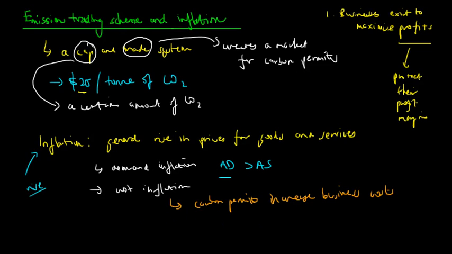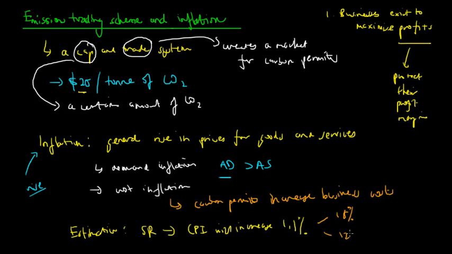As a result, the estimation by the government is that in the short run, CPI will increase 1.1%. And this is just an estimation. The causes of CPI increasing by 1% include that gas prices and electricity would increase by 18% and 12% respectively.